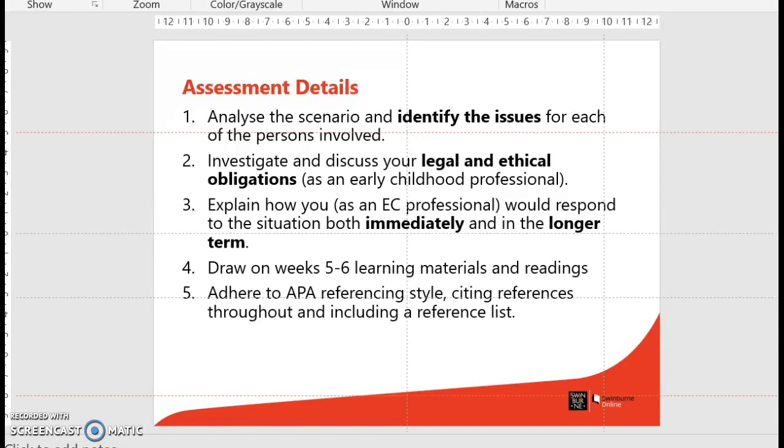You'd want to explain what you would do, how you would respond at that time of the situation, and also what you do in the longer term. So this may be what you do later on that evening or the next day or the next week, and you could discuss who's involved there in relation to further planning for what happened with this scenario. So you want to draw on weeks 5 and 6 to help you start thinking about this.